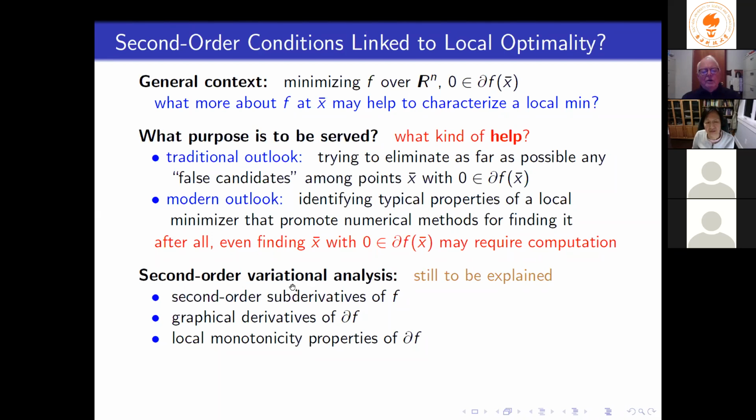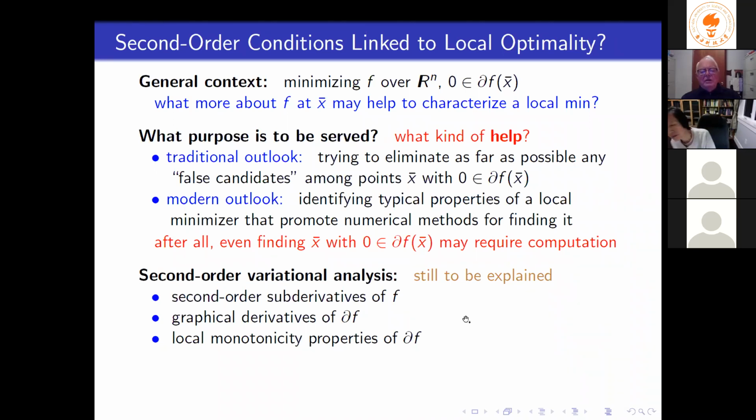So second order variational analysis is going to try to help with this, but what is it we want to do? And so I try to explain here that the characterization has to be one that helps. What kind of help will it provide? And these are the ingredients we will later use. We have second order subderivatives, graphical derivatives, local monotonicity properties, but there are also things like augmented Lagrangians that can come into all of this.